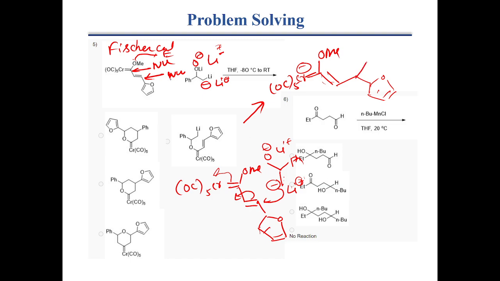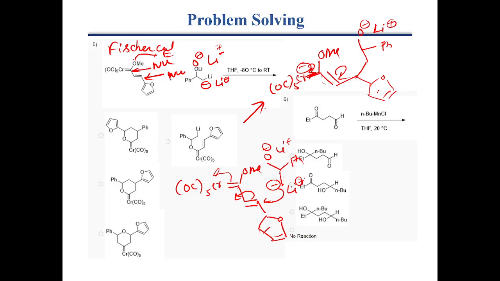Then CH2, this methyl, CH and O minus Li plus. Further, this comes this way and is neutralized like this.